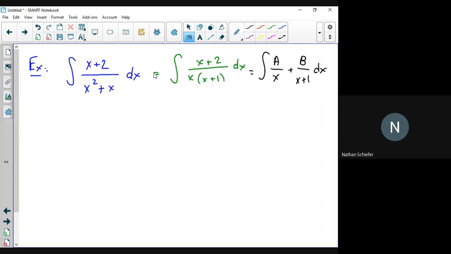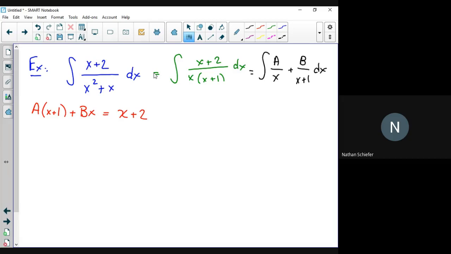So to go through this process of getting a common denominator, you're going to take the a and multiply it by x plus 1. You're going to take the b and multiply it by x to get the numerator. And that numerator has to equal the numerator in the previous step in green, which is x plus 2.